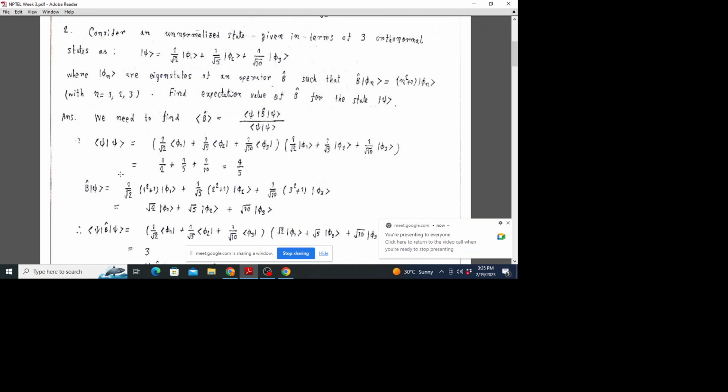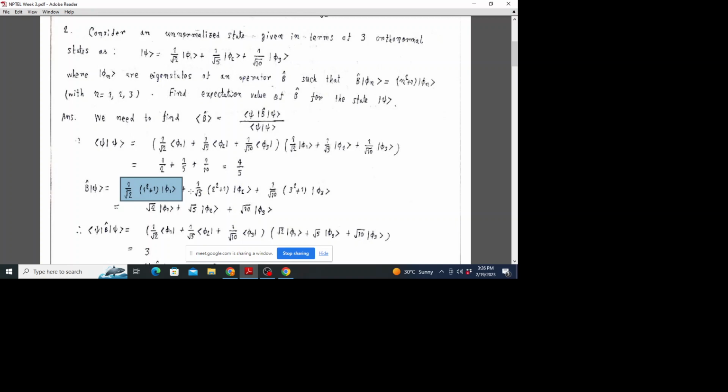B acting on phi 1 will give us 1 square plus 1 times phi 1, so 2 phi 1. Similarly here we have 2 phi 1, and this 1 by root 2 factor is just the contribution to the linear combination.